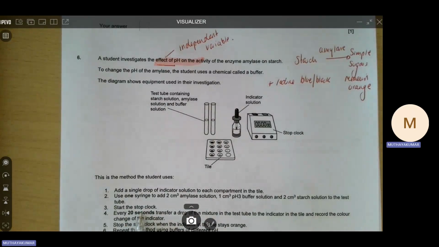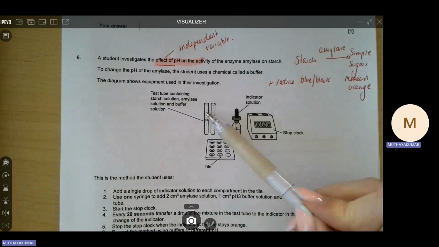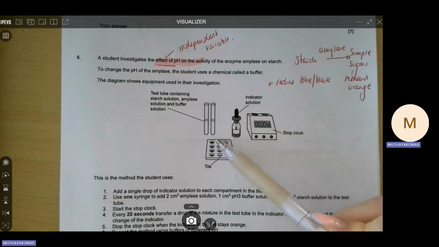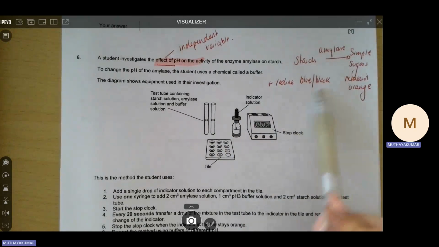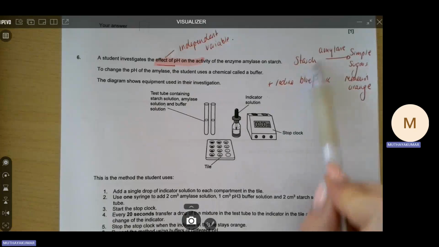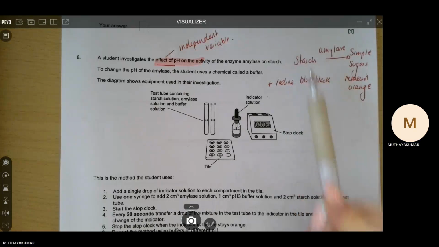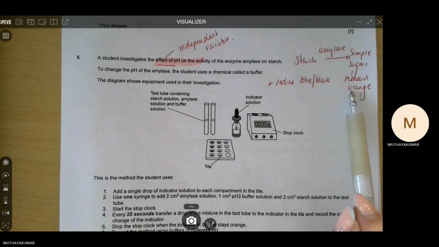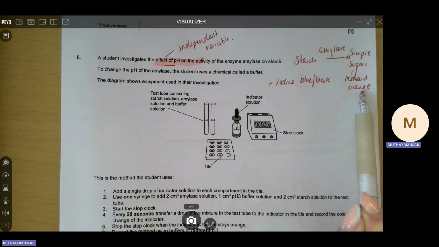They start the stop clock. Every 20 seconds, they transfer some of the solution from the test tube into one of those wells. And they see whether it turns blue-black, which means the reaction hasn't finished, or if it remains orange. And that indicates that the reaction is finished. Okay.